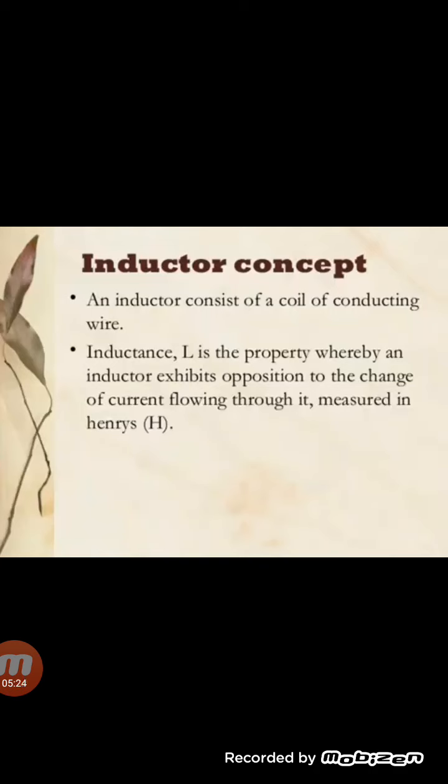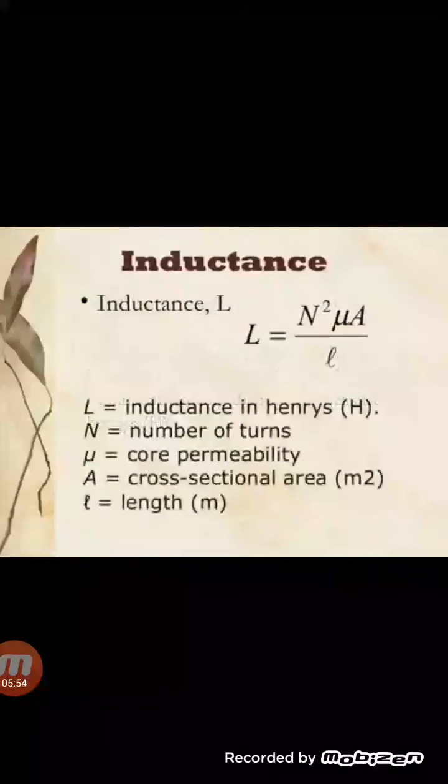In fact, the current is what produces the opposition, right? L is the property whereby an inductor exhibits opposition to the change of current flowing through it, measured in Henry. Okay, it means the unit of inductance is Henry.